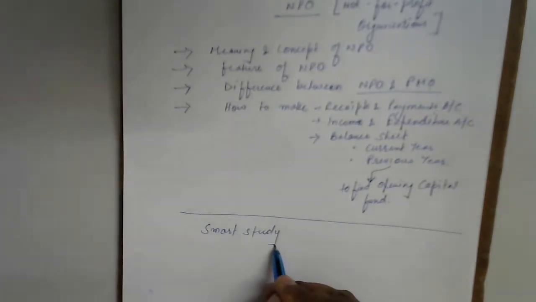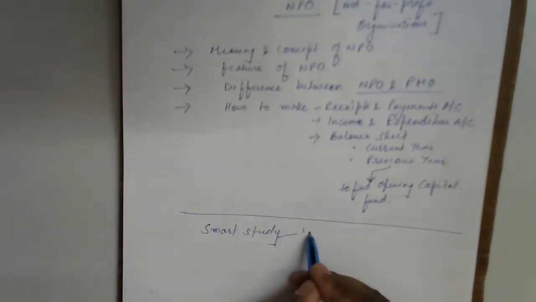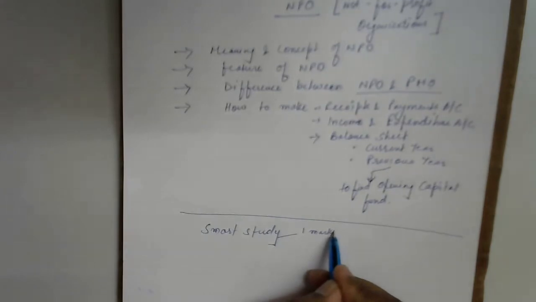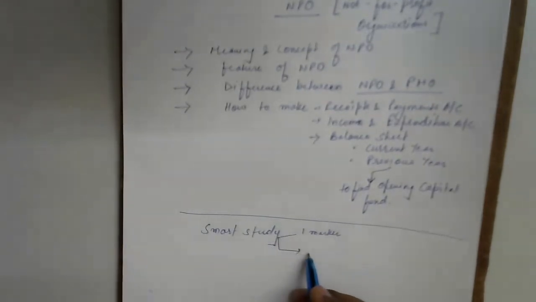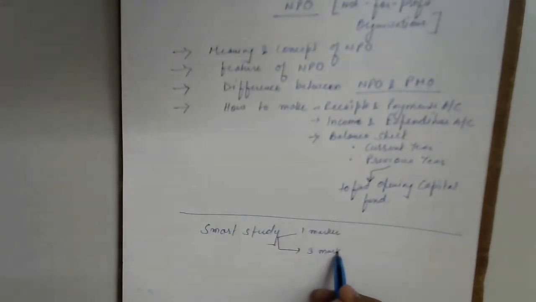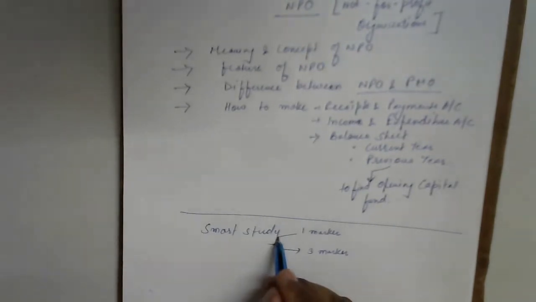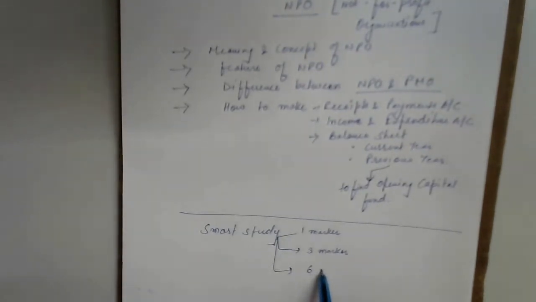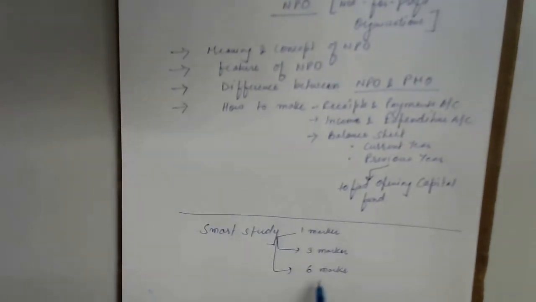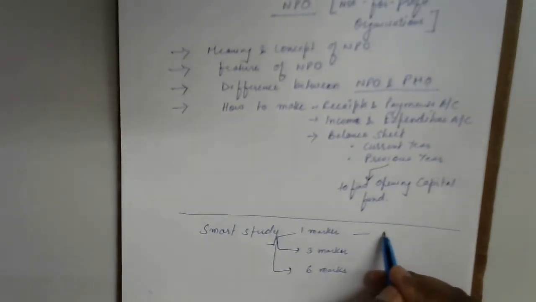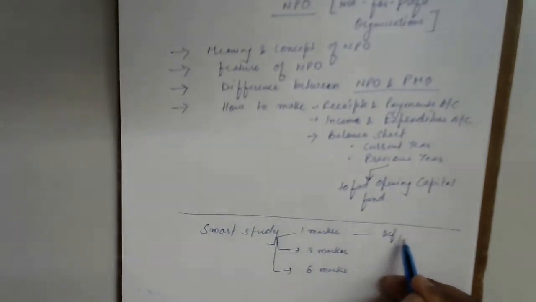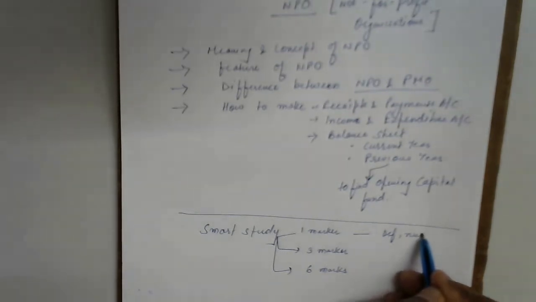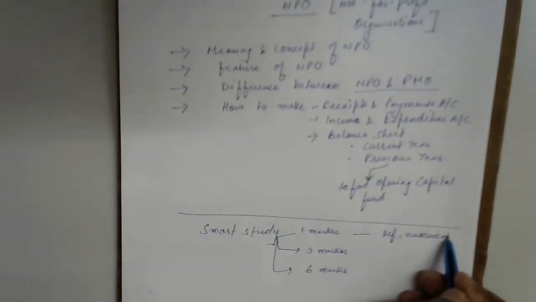Generally we have three kinds of questions in every chapter: one marker, three markers, and questions for 6 marks. In one marker you generally get definitions and sometimes numericals also.